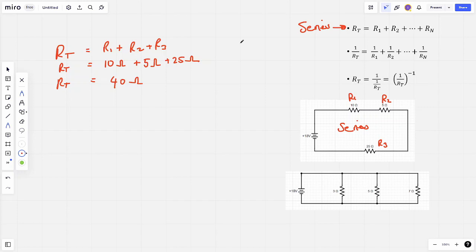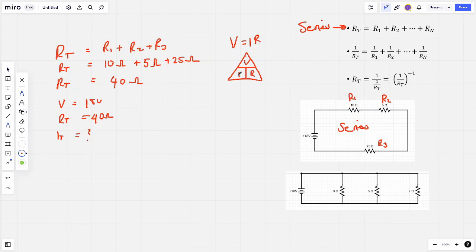And now in this circuit we've got a voltage of 18 volts. So if we use Kirchhoff's law, which is V equals IR, how I like to draw it is using a triangle. So we've got voltage equals IR, so this line means multiply, so those two are multiplying and voltage is at the top. In this case, what's the voltage in the circuit? That is equal to 18 volts. We've got RT as 40 ohms, but the total current I is unknown. So how do we work out the current?